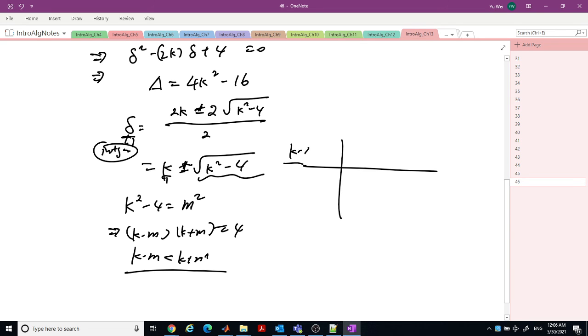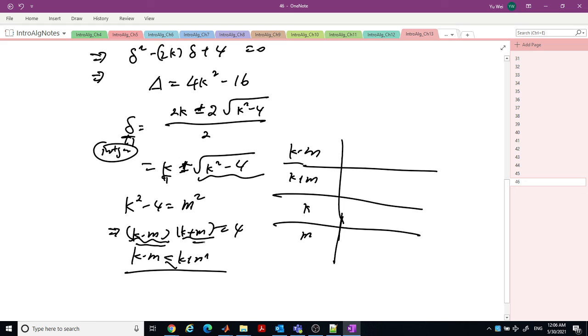So k minus m is less than or equal to k plus m, so we can solve k and we can solve m. They are all even or odd, right? So if we factorize 1 times 4, it doesn't work. So now 2 times 2 is the only thing that can work. If it's 2 and 2, that means k equals 2 and m equals 0.